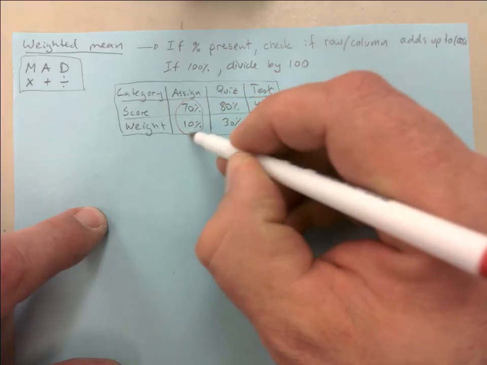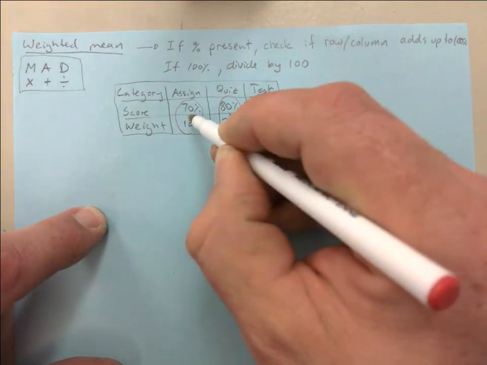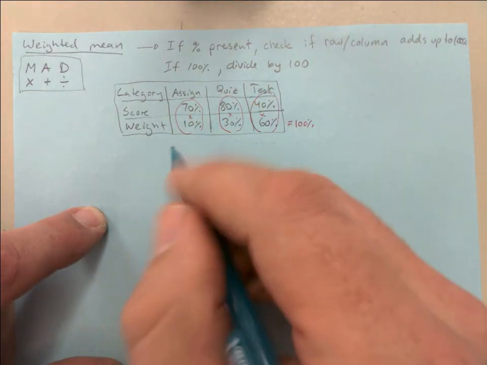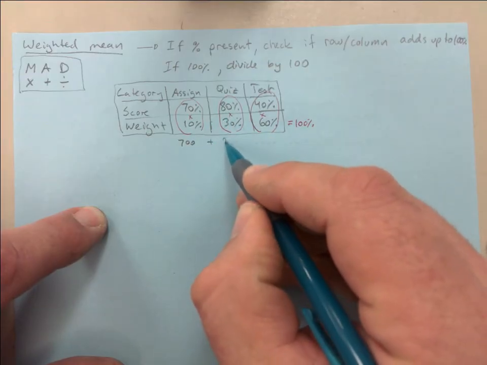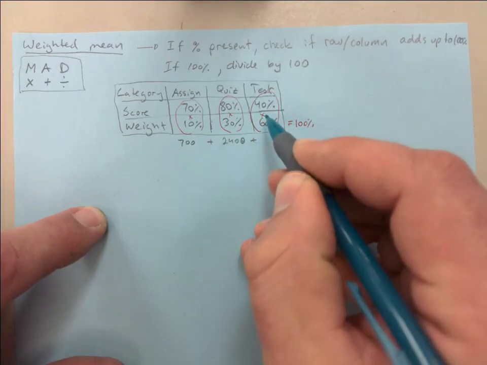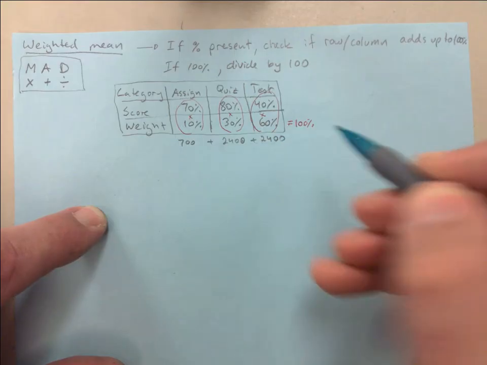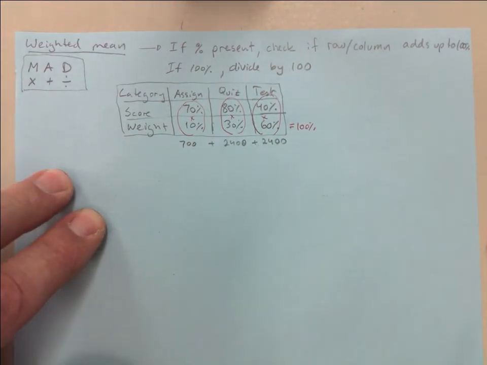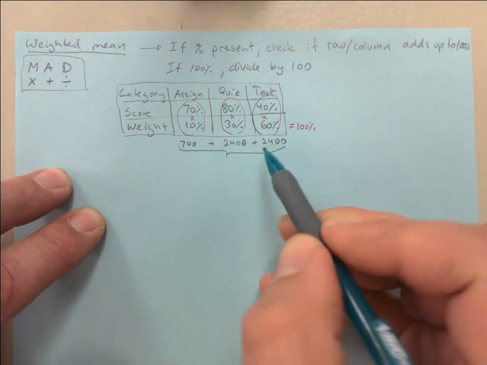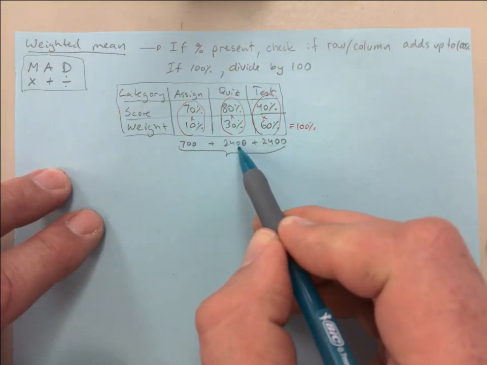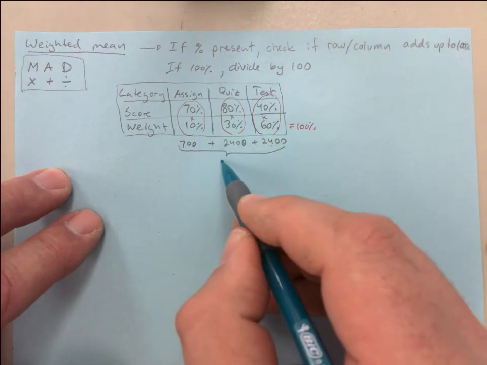So we're going to go multiply, multiply, multiply across. That's 700. 3 times 8 is 24, so it's 2400. 4 times 6 is 24. That's 2400 as well. That's 4800. 4800 and 700 is 5500.